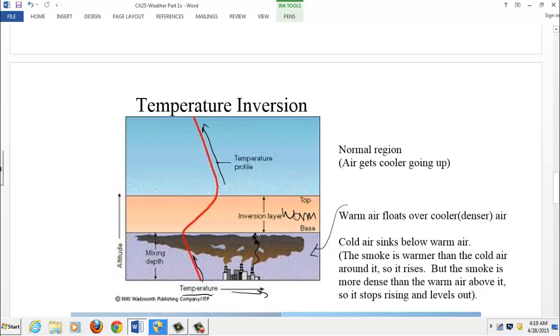But when it reaches this warm air, it's going to be more dense than that warm air. And so it won't rise any higher because the least dense material is going to float, and that's this warm layer of air. And so what's going to happen is this smoke is just going to reach the top of this cold air and go no higher, and then it'll spread out.